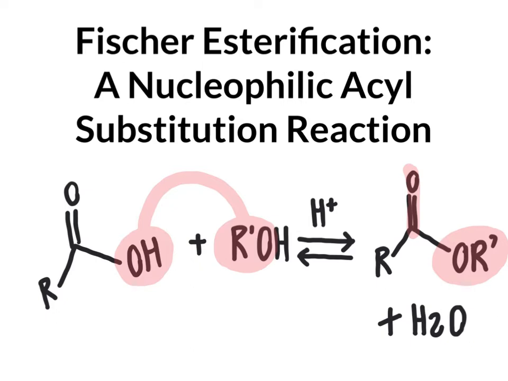So one thing that you will notice as we begin to look at this reaction in a bit more detail is that I have this shown as an equilibrium arrow. And indeed, this is an equilibrium reaction.